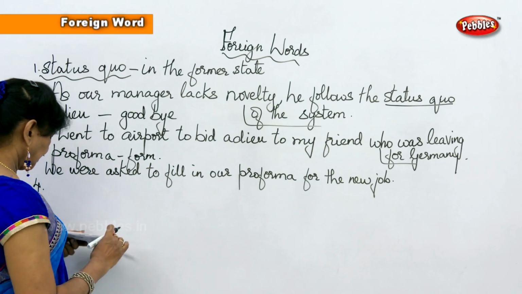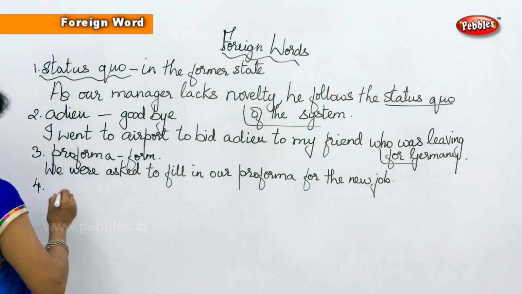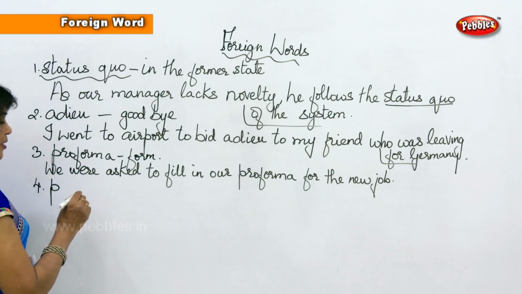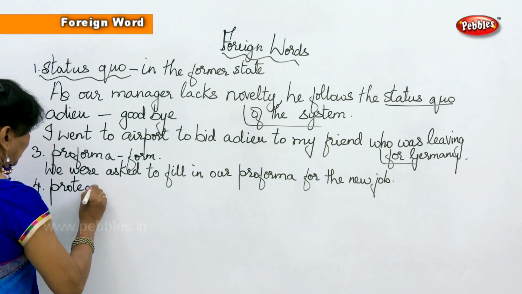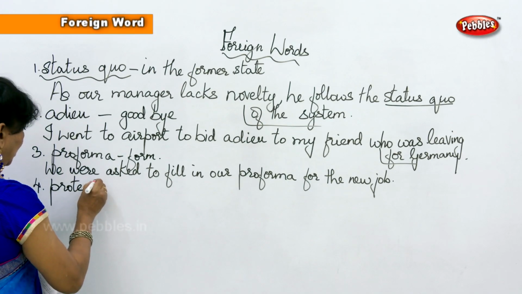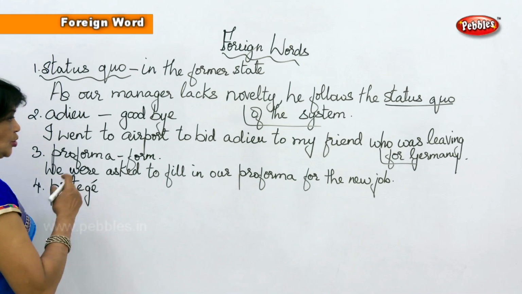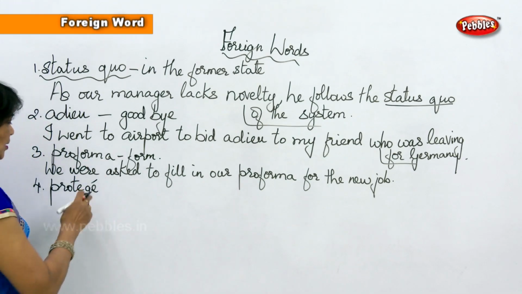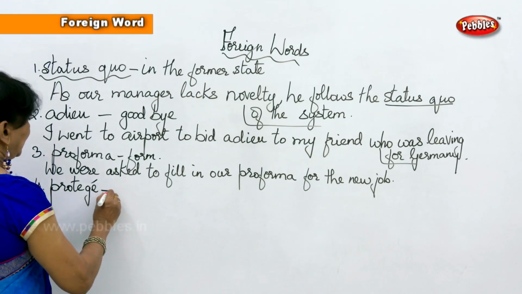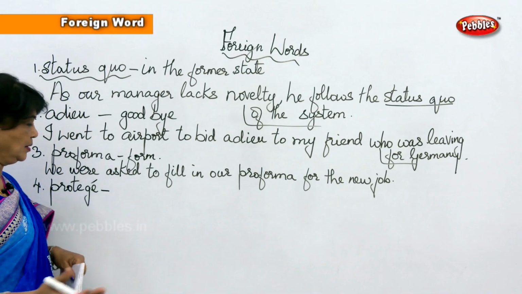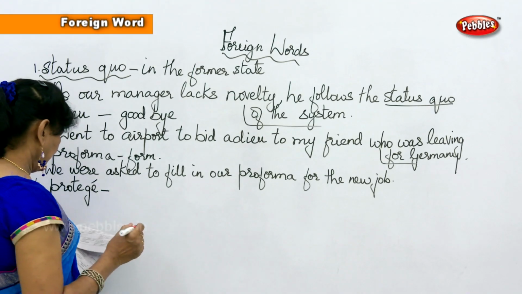Next one, protégé. This is also a French word, protégé. And look at this grave accent. Accent grave, they say in French. You have a small little dash on top of the E, and that gives a different pronunciation. Protégé, we say.